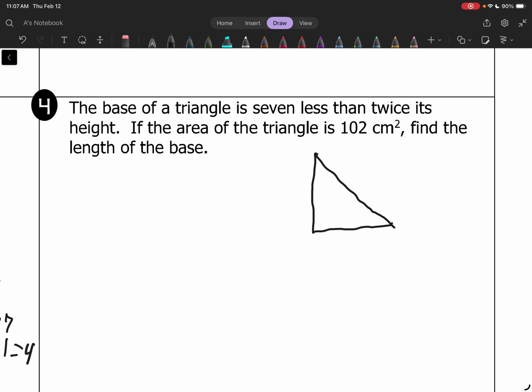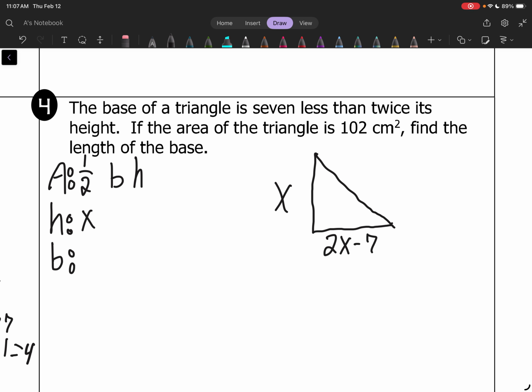But I do know the formula for area is 1/2 base times height. I know my base is 7 less than twice the height. And it doesn't tell me anything about the height, so I'm going to label it x. The base is 7 less than twice, 2x minus 7.